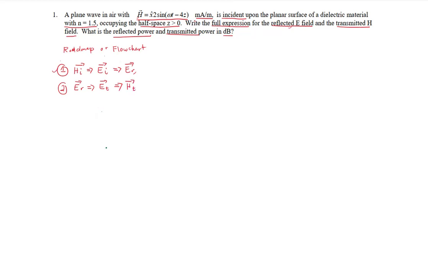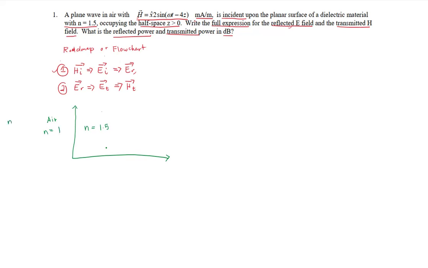So from H of I, what do we know? We know that the wave is coming from air into something else, and that something else has n equals 1.5, while air has n equals 1.